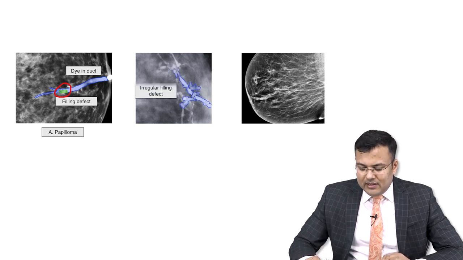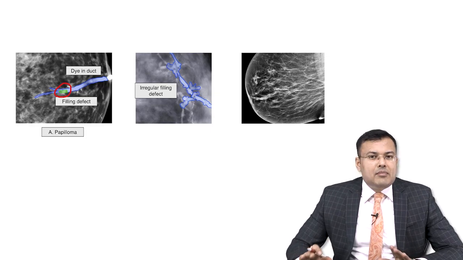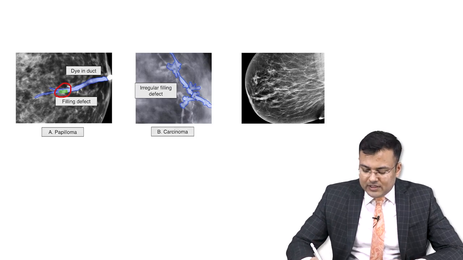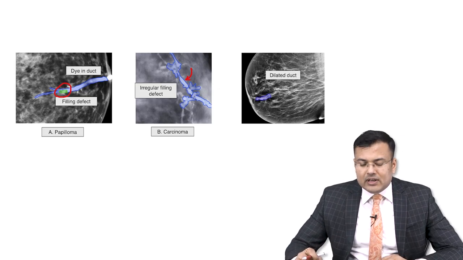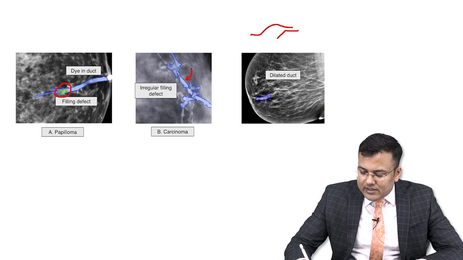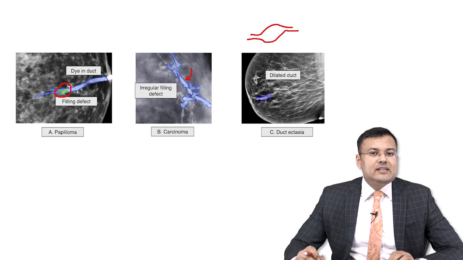See the next one. There are multiple irregular filling defects, and this is seen in carcinoma. And here you can notice the duct is dilated, and obviously if the duct is dilated, you can tell me the diagnosis. Ectasia. So a dilated duct means it is ectasia.